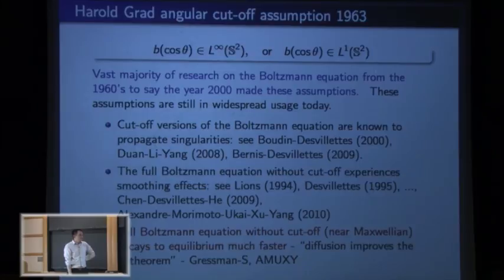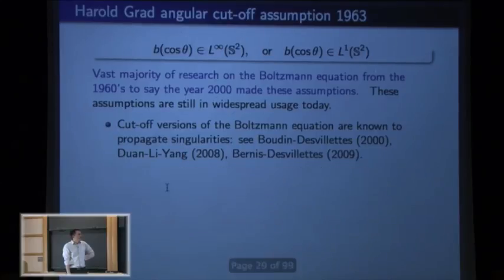Your middle statement: if you start with short-range potentials, does the Boltzmann equation propagate singularities, or does it not propagate singularities? Well, you would have to look at the kernel and study it. But if you have assumptions like these on your kernel, then yeah, you would propagate singularities.